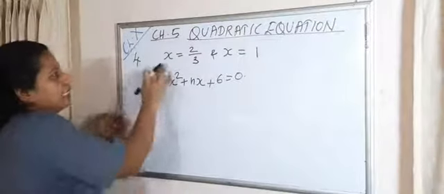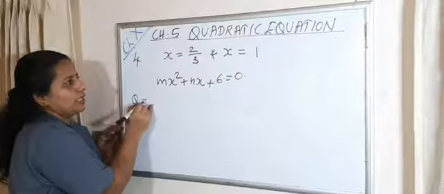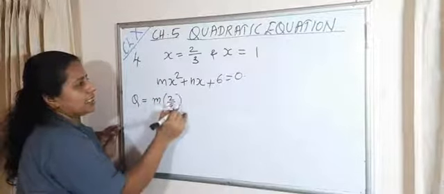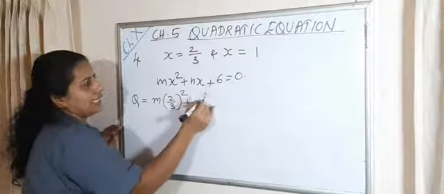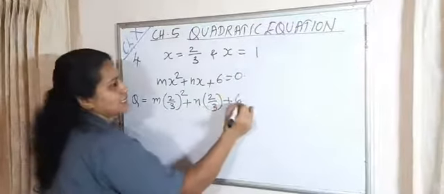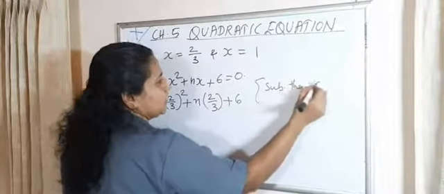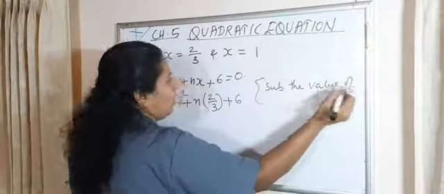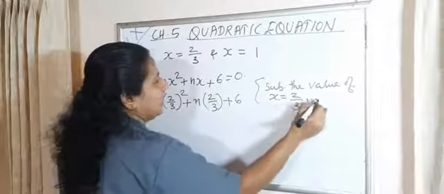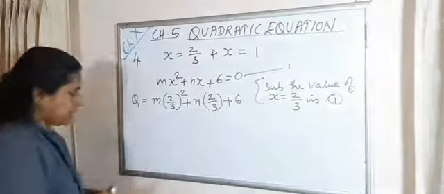Okay, here if x is equal to 2 by 3 is a solution, we can write q is equal to m into (2 by 3) square plus n into 2 by 3 plus 6. That is substituting the value of x is equal to 2 by 3.